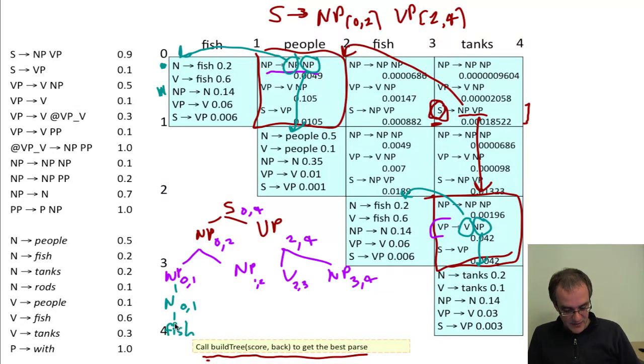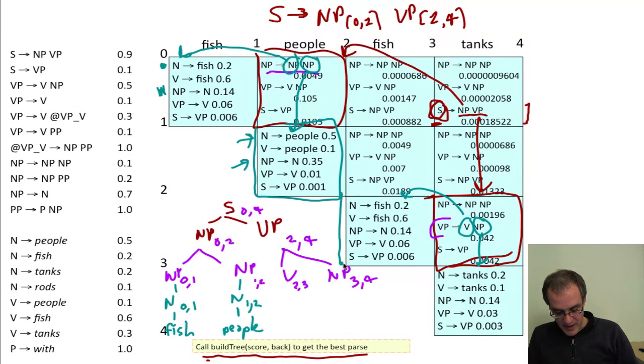And now similarly we do the same for the other cells. Okay, so from 1 to 2, the way of building a noun phrase with highest probability was building it from a noun as a unary rule, and the way of building a noun with highest probability was using the word people, that's a terminal in the sentence.